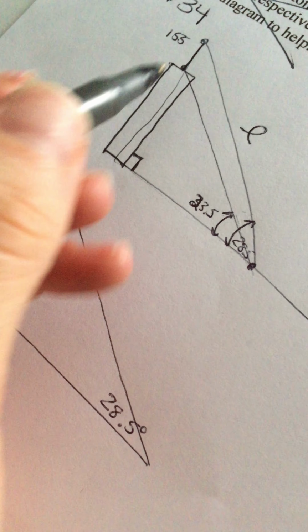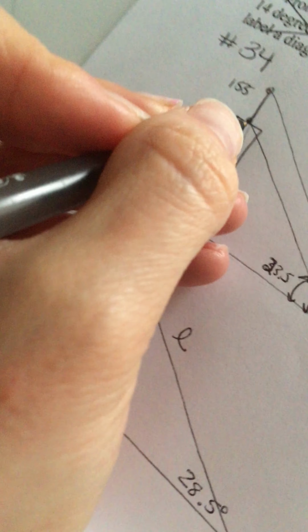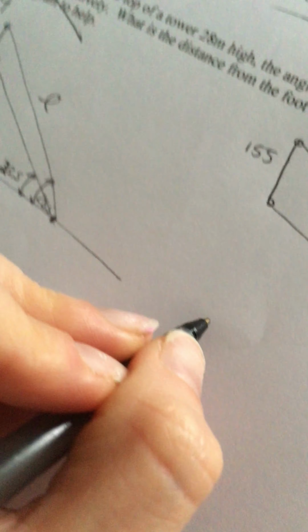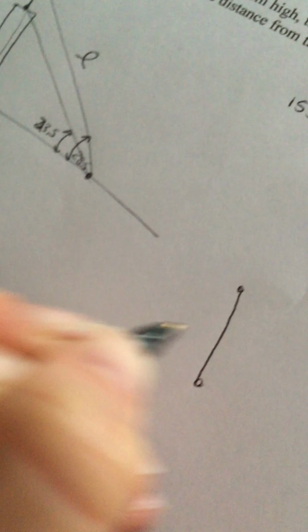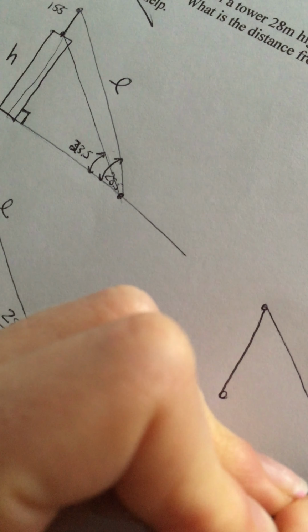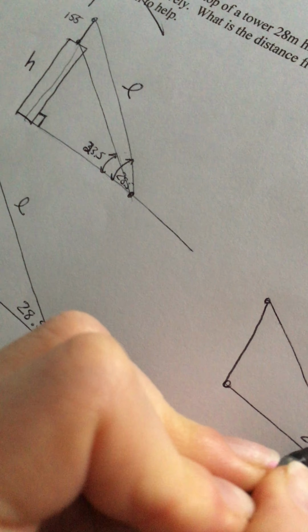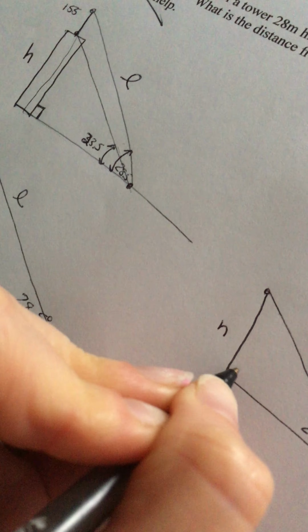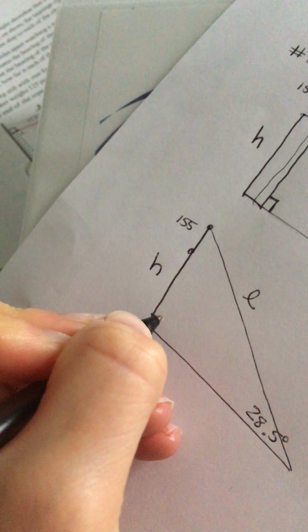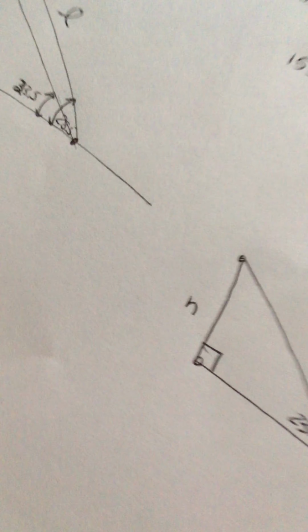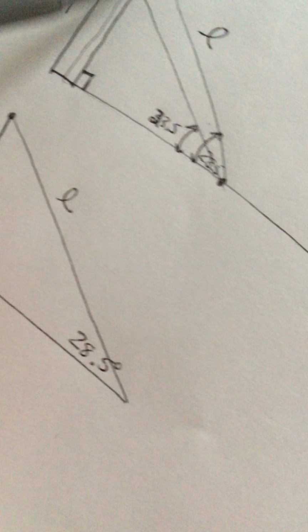Our third triangle is really this one. It has the height of the building, and this side that I don't know. This angle is 23.5, and this is H. This is a right triangle, and so is this one. I forgot to label it. Now, watch carefully: this side of this triangle is the same as this side of this triangle.